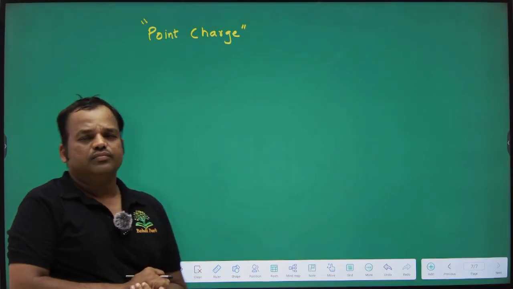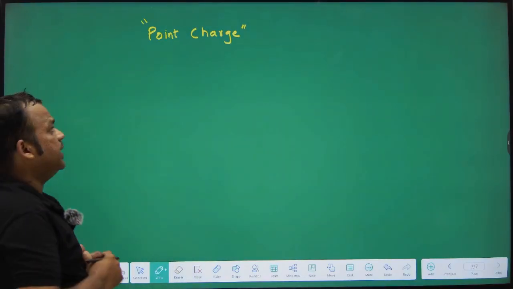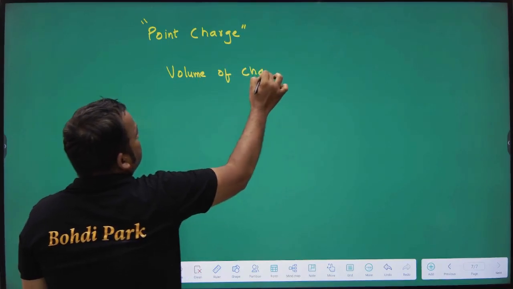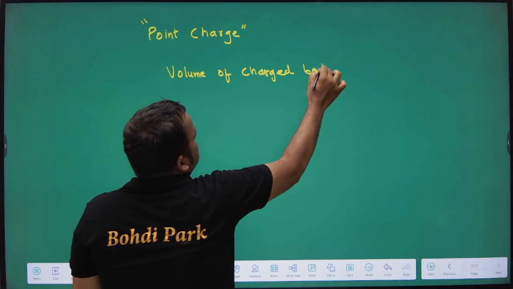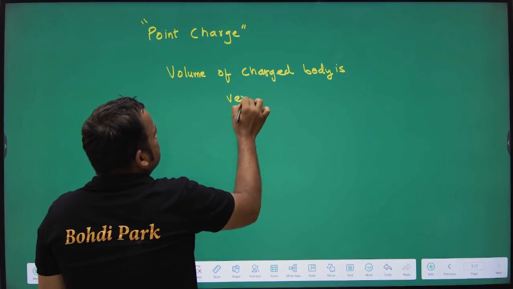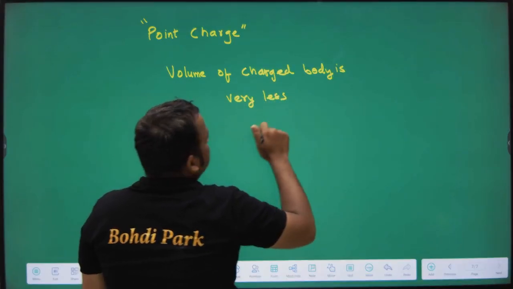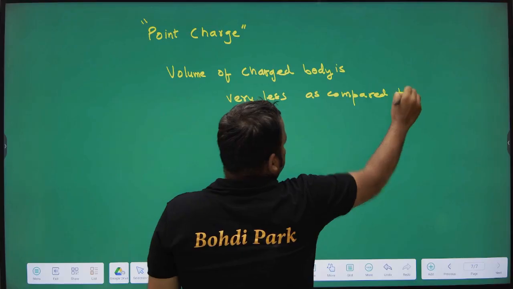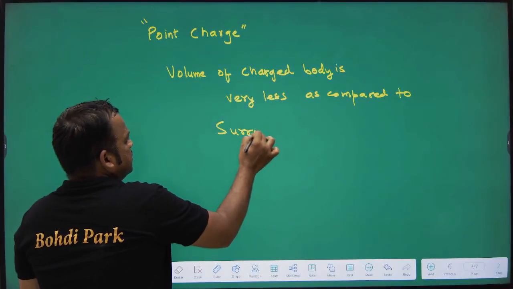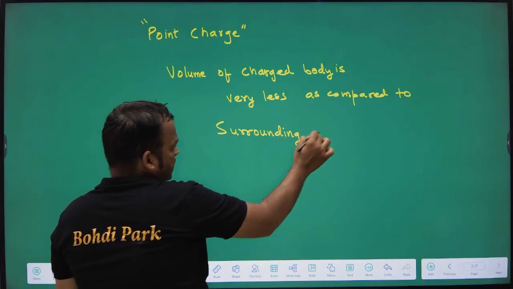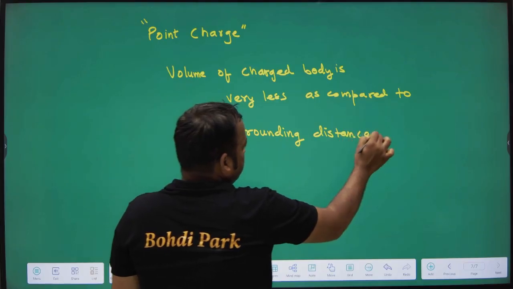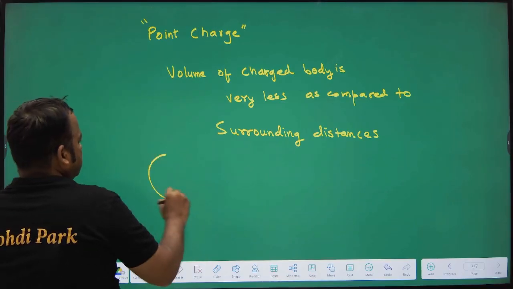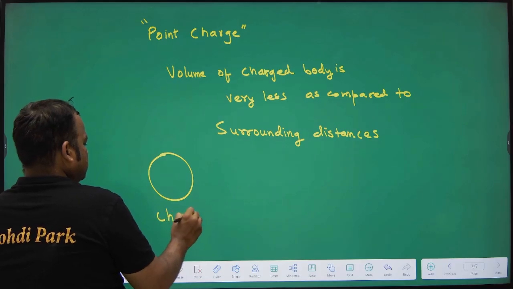Some books explain this point charge as follows: if the volume of the charged body is very less as compared to the surrounding distances, very very less. For example, this is a charged body.